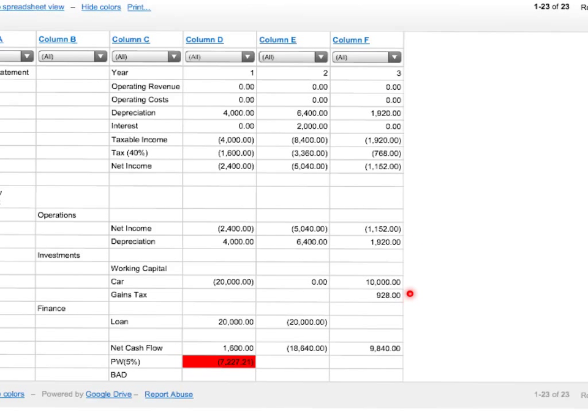Now the last tricky part, and this is where a lot of the details are hidden, is in calculating the gains tax. And truthfully, that's one of the things that I'm just trying to look at quickly to see if you got the right idea on this one. So what you're supposed to do is take a look at the book value of the asset. So the book value is the $20,000 less all of this depreciation that you have right here. That's the book value, and you compare it to what you sold it for.